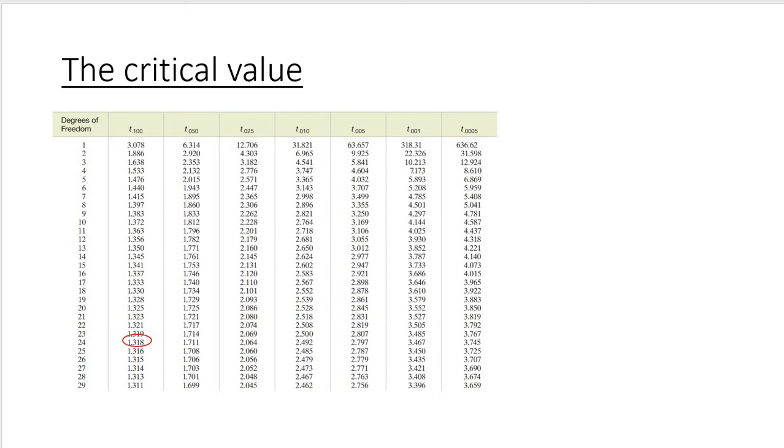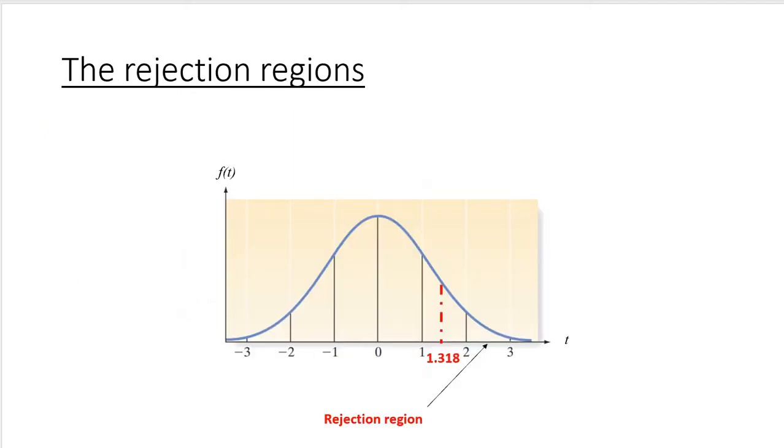Sounds illogical, but when you keep in mind those critical values, it's not as contradictory as it might seem. So, our rejection region is everything to the right of the critical value, which is 1.318. And we can only reject the null hypothesis when the t-statistic we compute is bigger than 1.318.